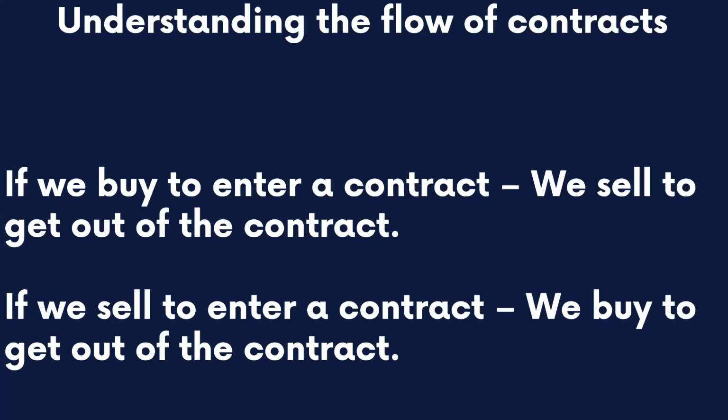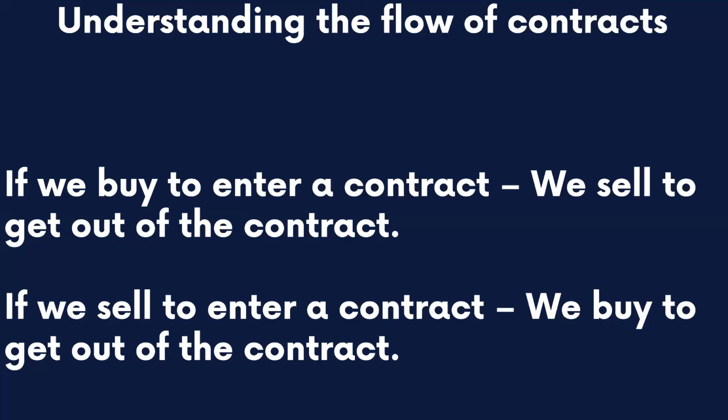So if we buy a contract, we've got one of two options, right? One option is to take delivery, because we agreed to buy that commodity to be delivered at a certain date. Does everybody understand that? All right.